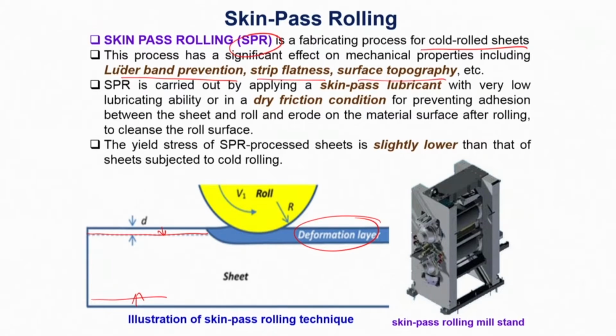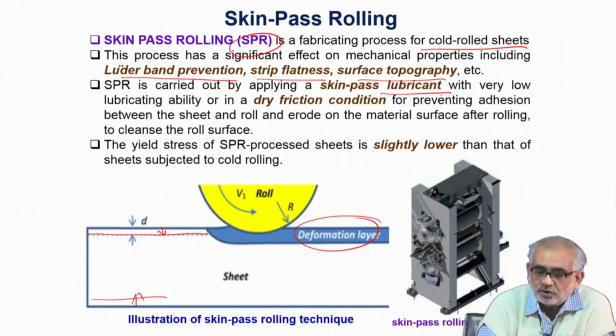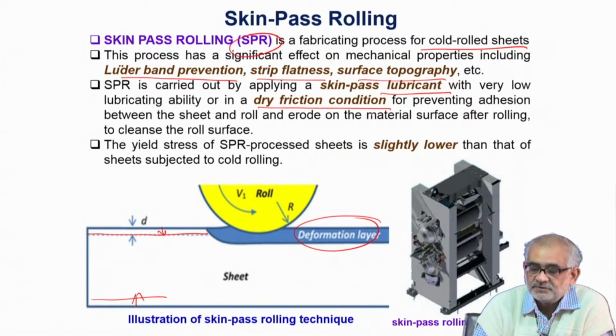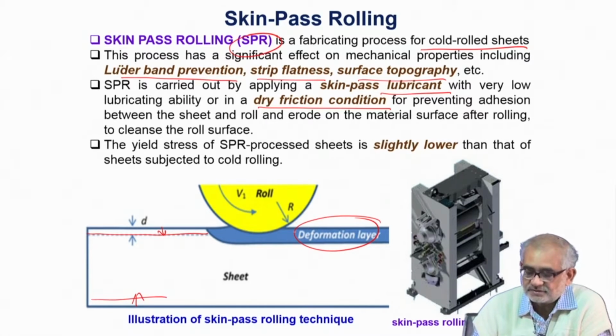If there is some surface topography which is not beneficial or not desirable, we can take care of it through this. The process requires application of a little bit of lubricant, or you can even do dry friction rolling, using relatively lower power, so that the deformation zone is confined only to the surface or near surface region.